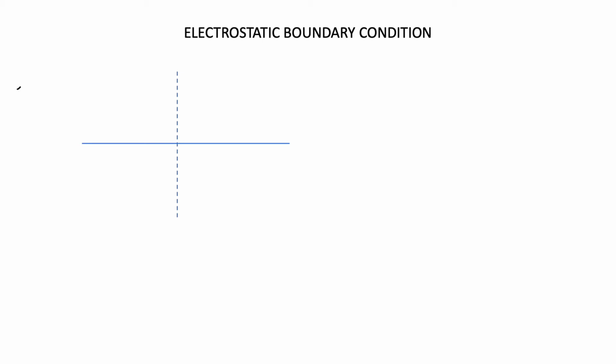The upper part we write as medium number 1, and the second part we name as medium number 2. Now what we want to know is what happens to any electric field when it penetrates from medium number 2 into medium number 1.